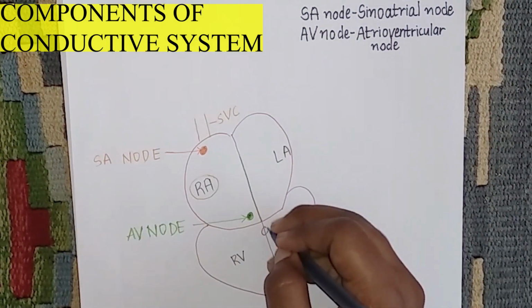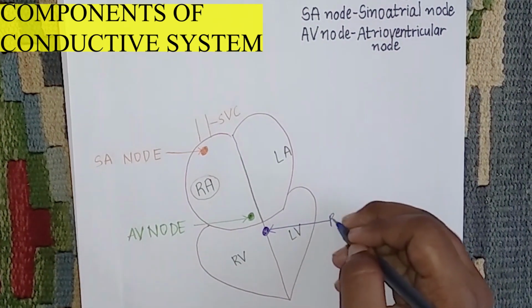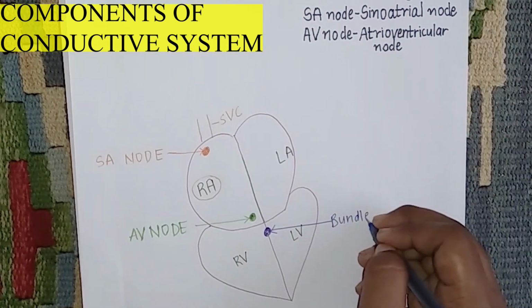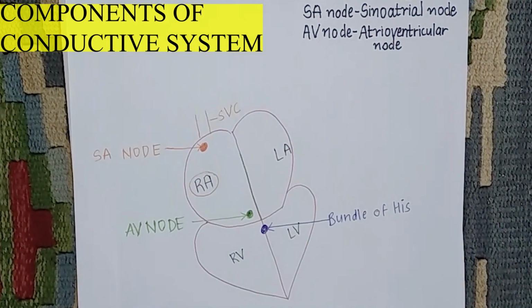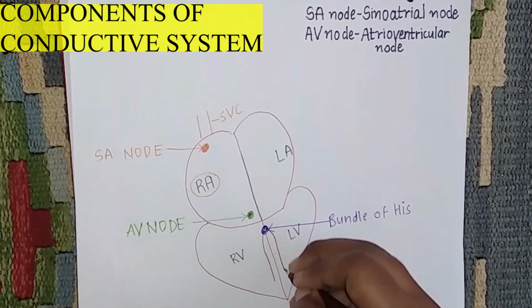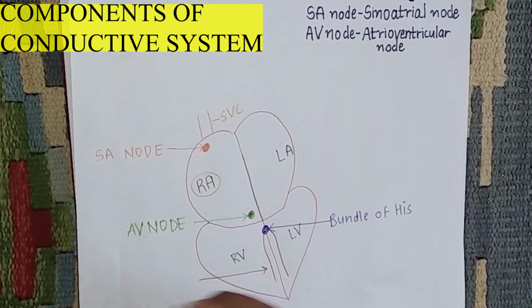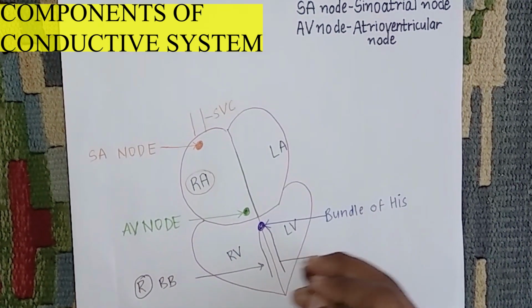From the AV node arises the AV bundle, also known as the bundle of His. This bundle of His gets divided into the right bundle branch and left bundle branch.